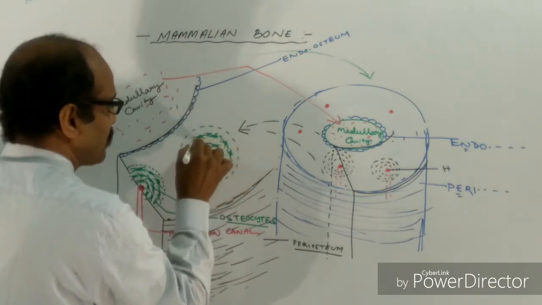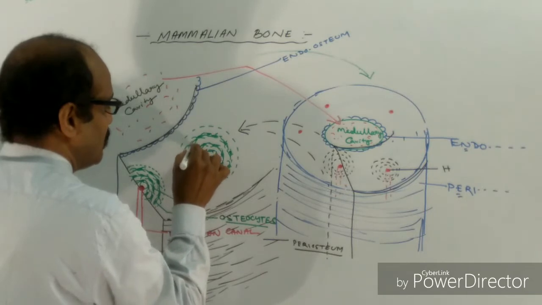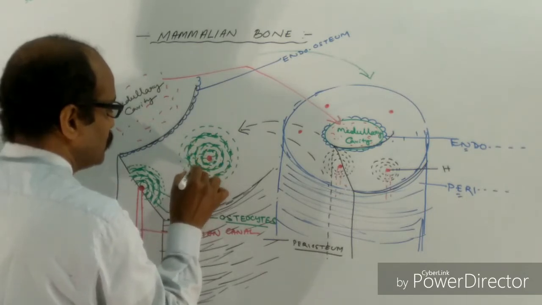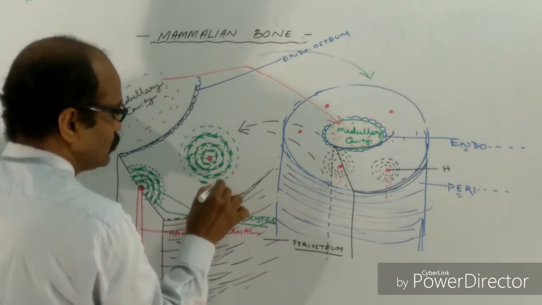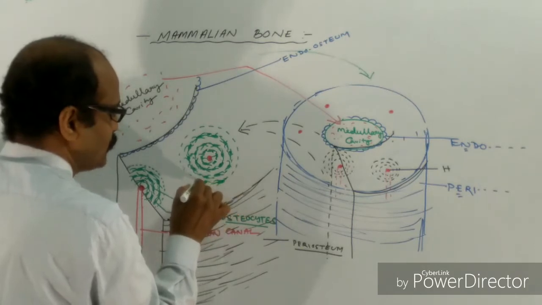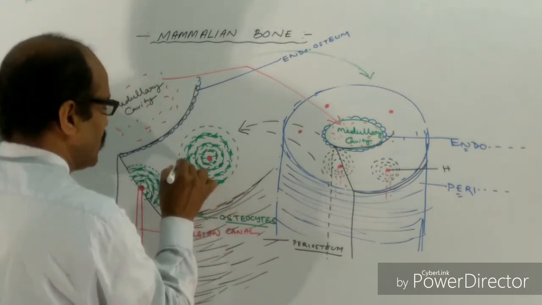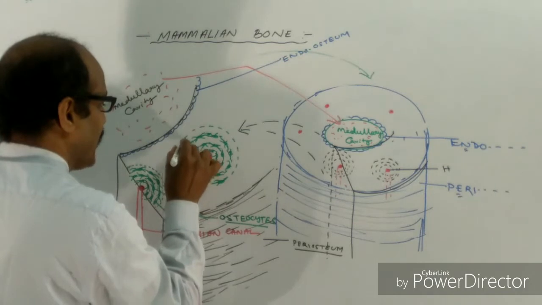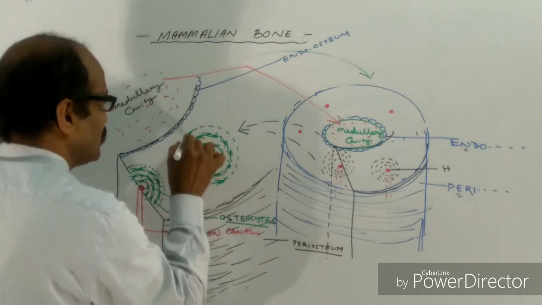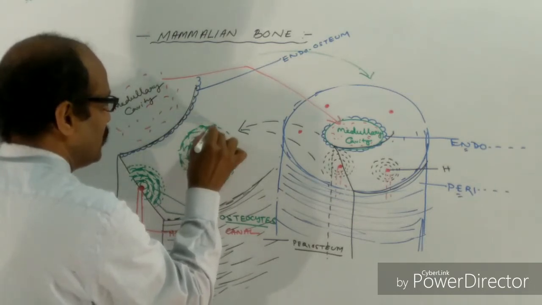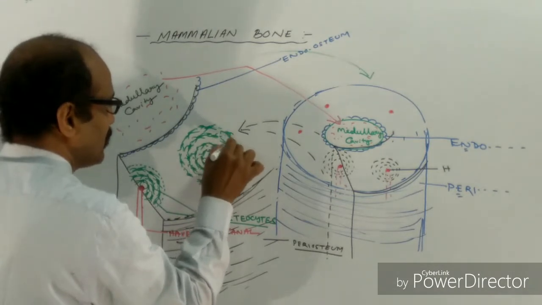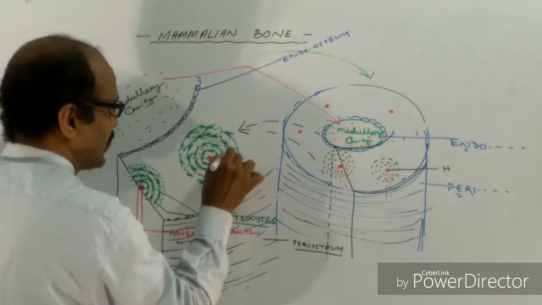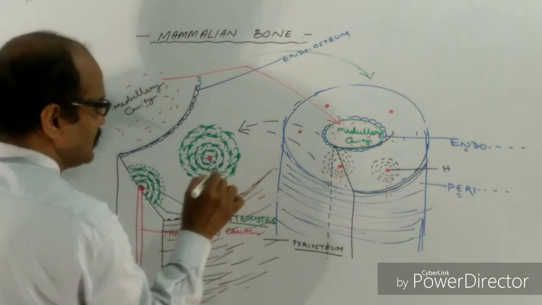That's why the matrix of bone is also divided into a number of plate-like structures.